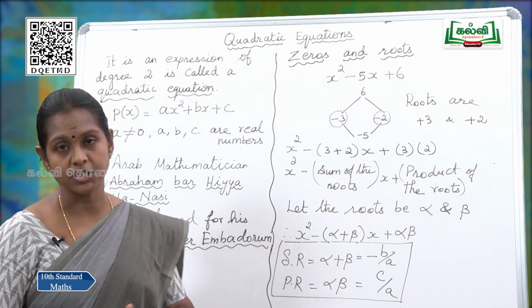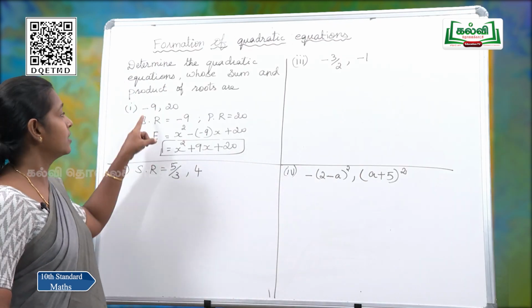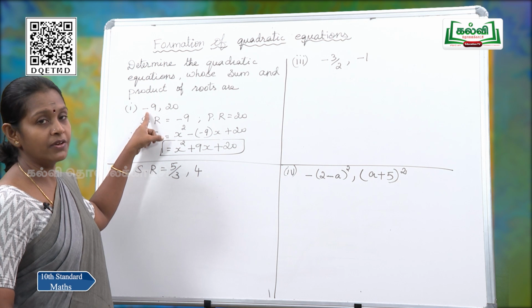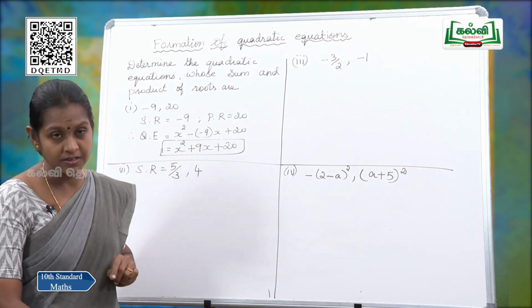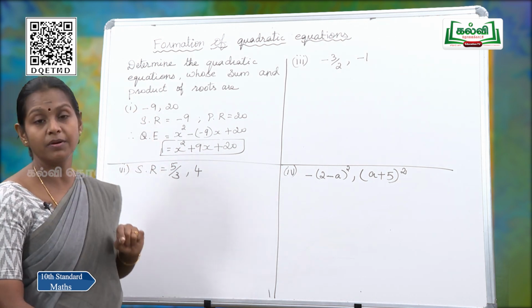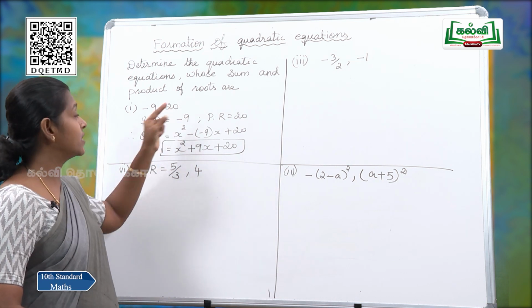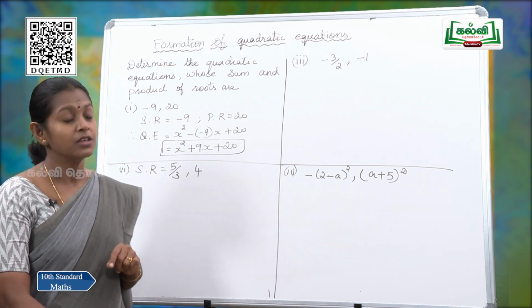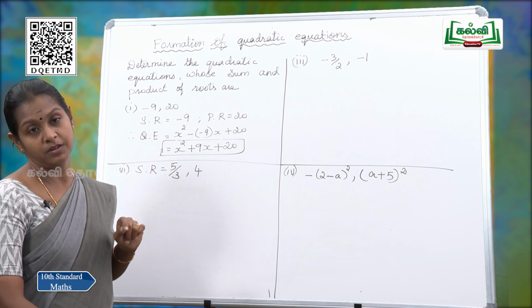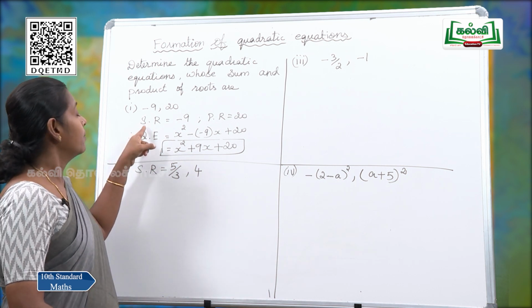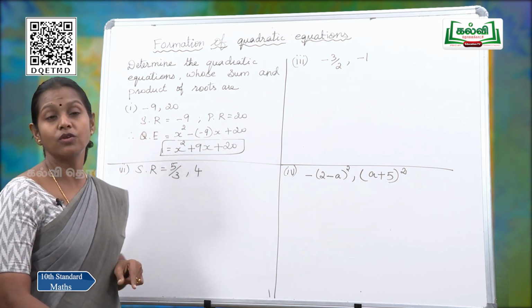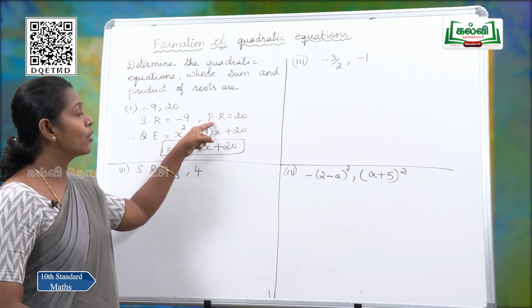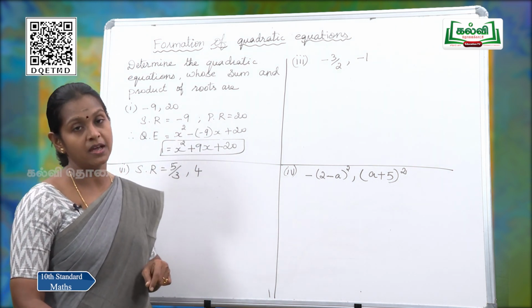See the first question, what are the terms given? Minus 9 and 20. Minus 9 is the sum of the roots and 20 is the product of the roots. What I told you in the previous session: sum of the roots is denoted by SR, product of the roots by PR.